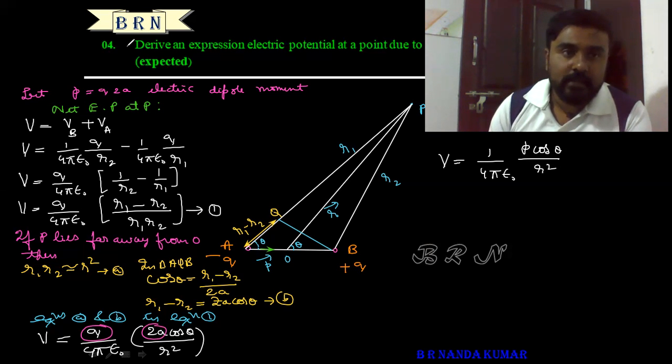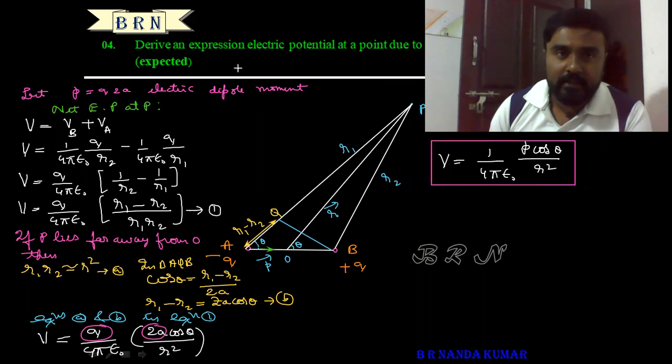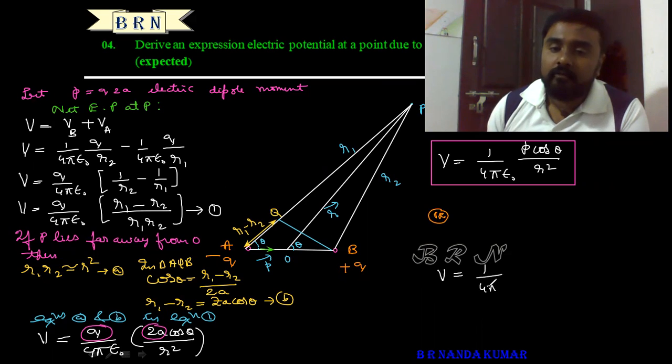This is the expression for electric potential at a general point due to an electric dipole. In vector notation, the formula can also be written as 1 by 4 pi epsilon naught, P vector dot R cap divided by R square.